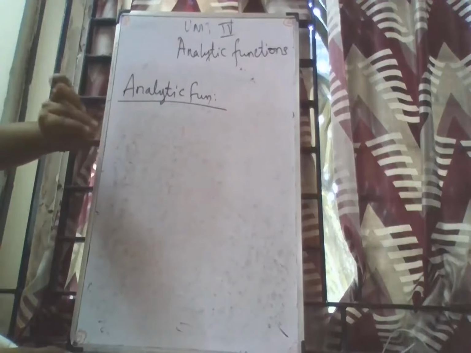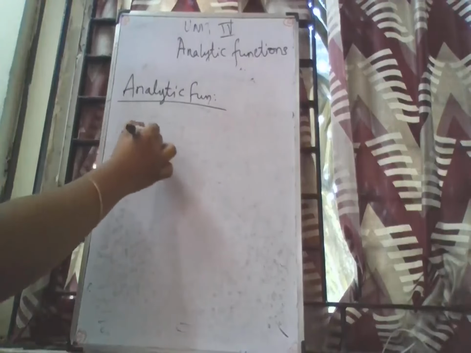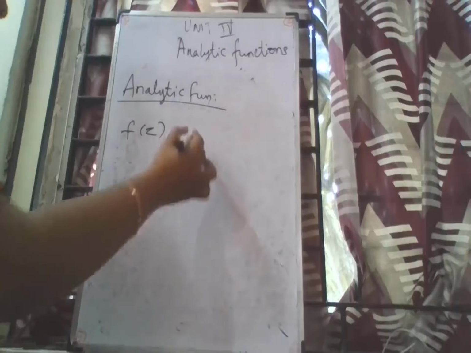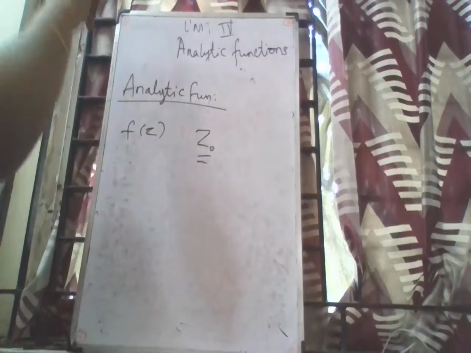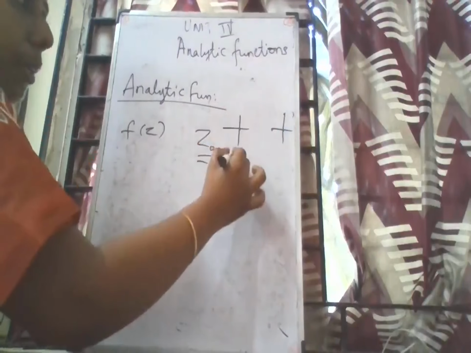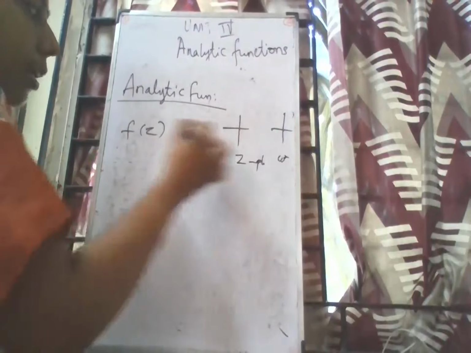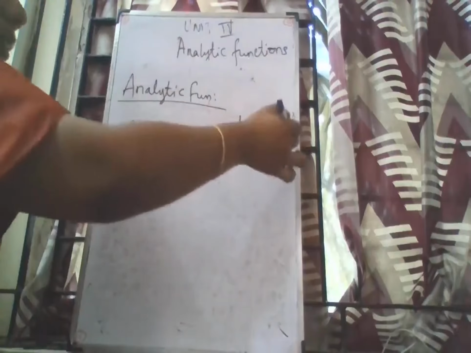A single valued function f of z is said to be analytic at a point z naught. Whenever I define a point, imagine the point z naught is in which plane? Always remember, z naught means z plane. F of z always will be in the w plane.